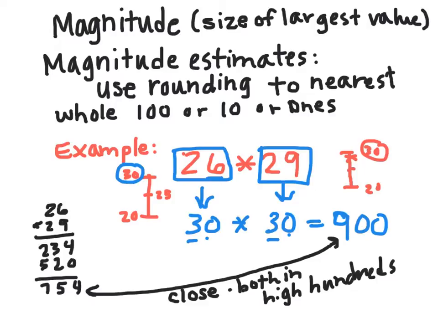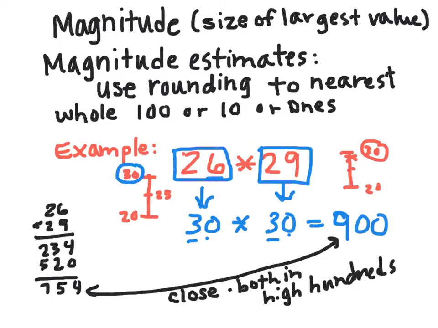So from the past, you know that anything 5 or higher bumps you up to that next place value. So we have taken 26 and rounded up to 30, and likewise the same thing with 29, rounding up to 30, and you should be able to see that 30 times 30 is 900, because 3 times 3 is 9, and then you have the 10 times 10, which is the hundreds.